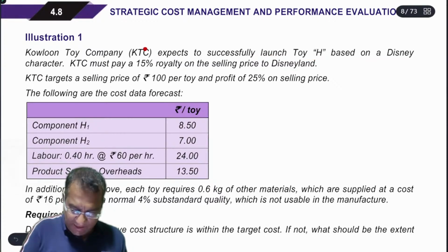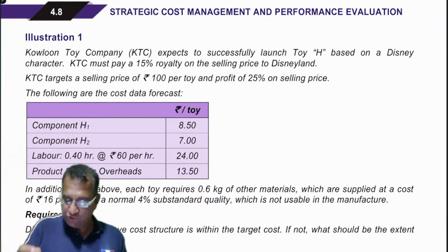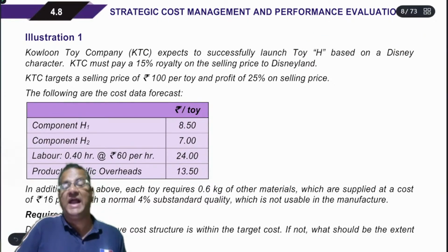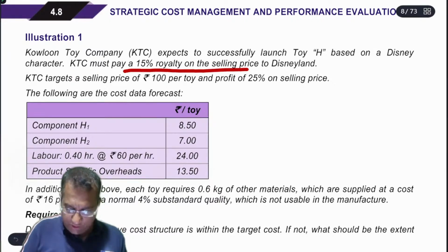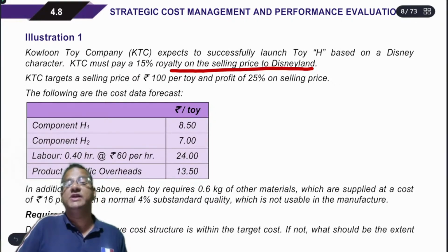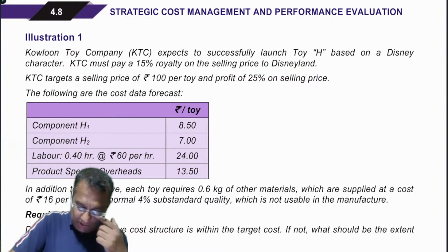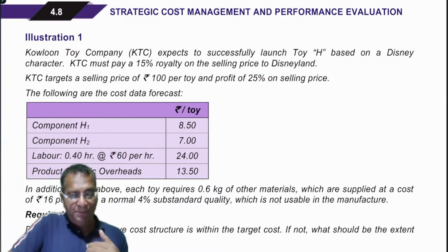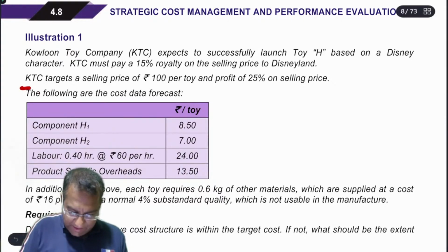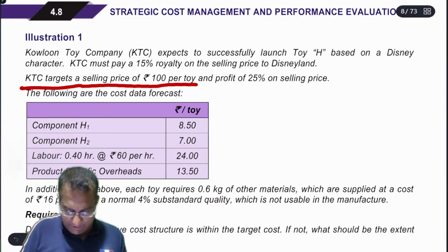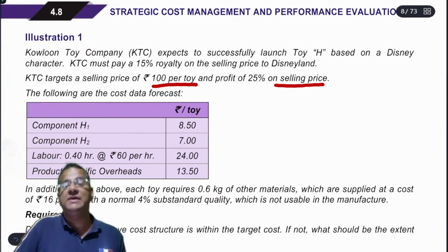See, KTC expects to successfully launch Toy H based on a Disney character. So the company's name is KTC, and they want to launch a product named Toy H, which is based on a Disney character. The company must pay a 15% royalty on the selling price to Disneyland, since they are using the Disney character. The company targets a selling price of ₹100 per toy and a profit of 25% on selling price.